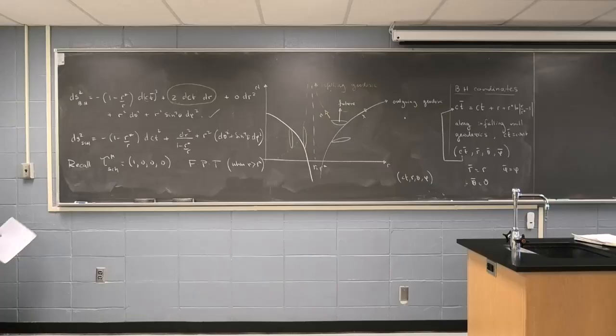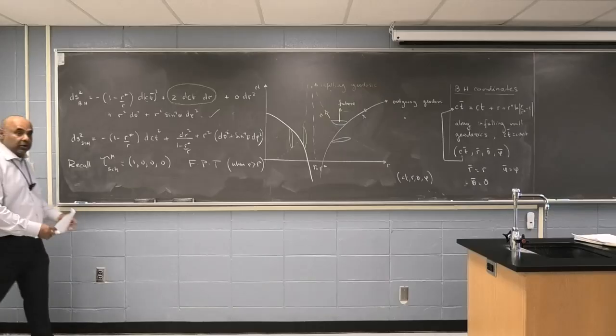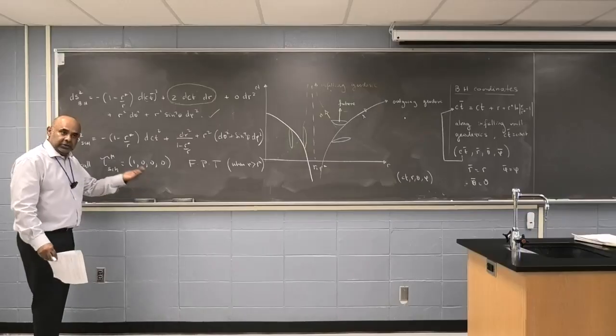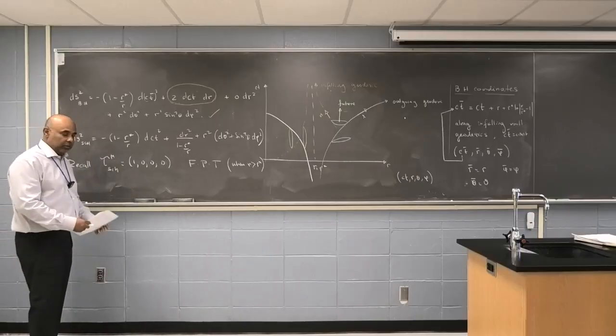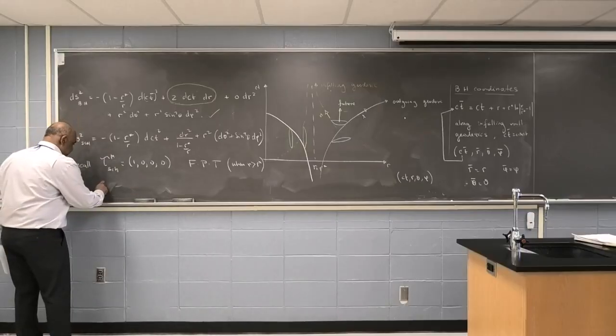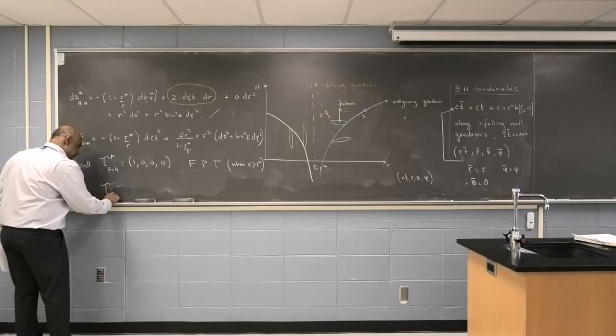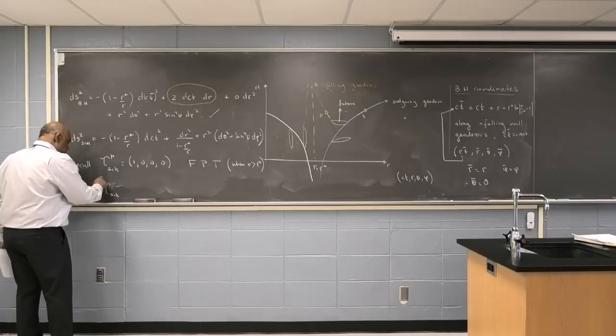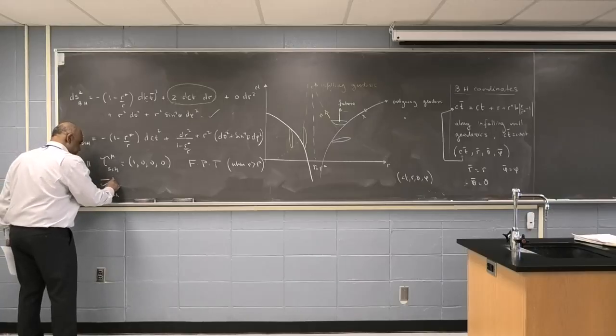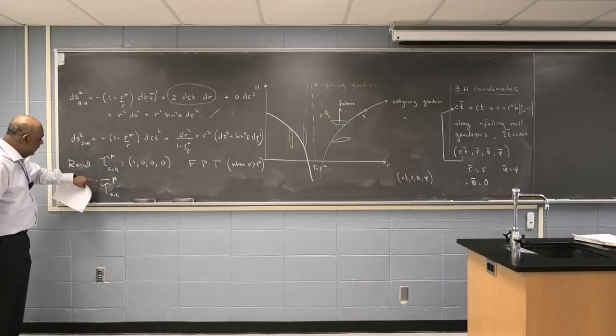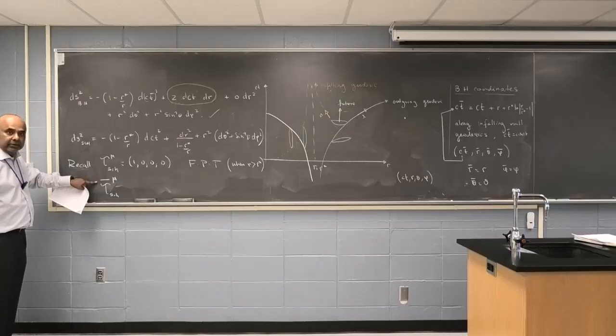I would like to know in the black hole coordinate system, what is future pointing timelike? I can do that for R greater than R star. I can use this and then just transform it into the black hole coordinate system. So here's my Schwarzschild vector, but I'm going to put a bar on it to show that I have transformed it into the black hole coordinate system.